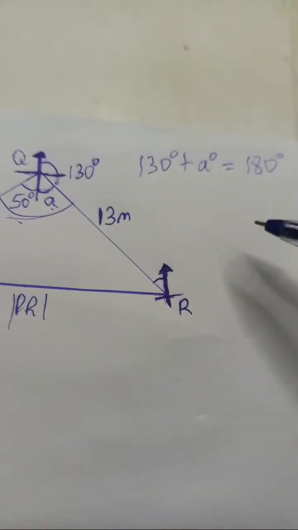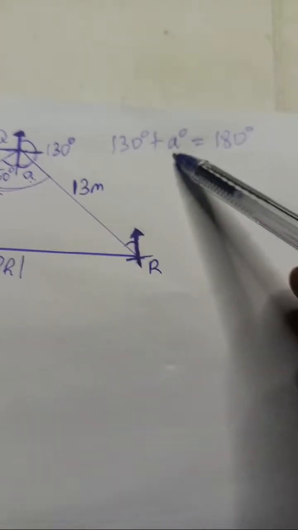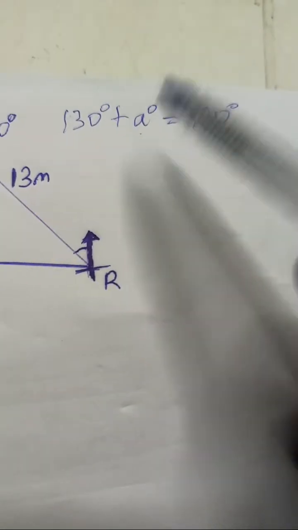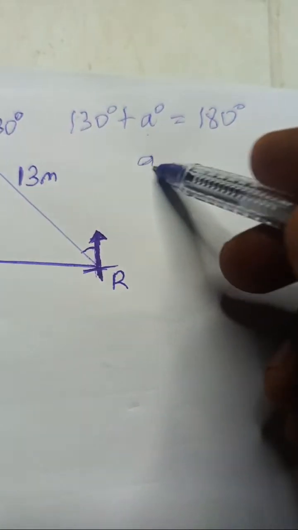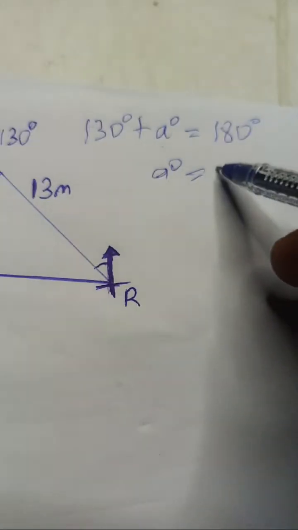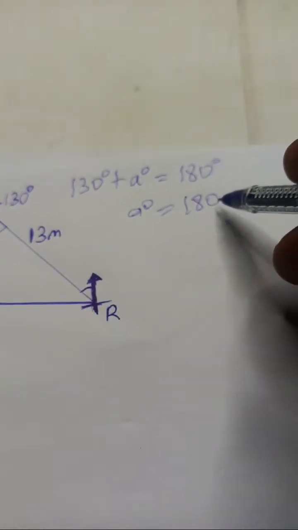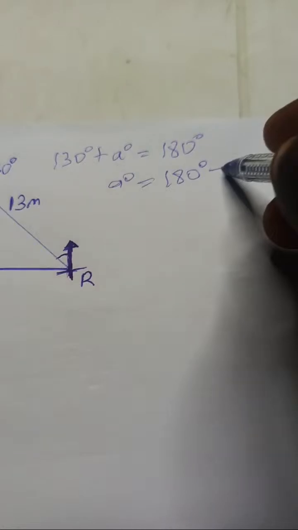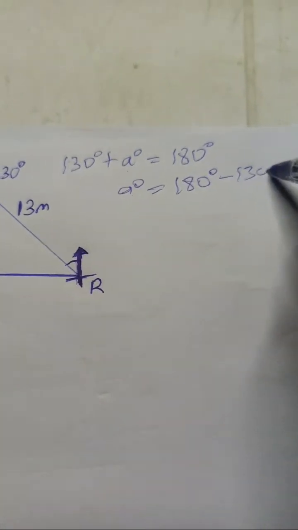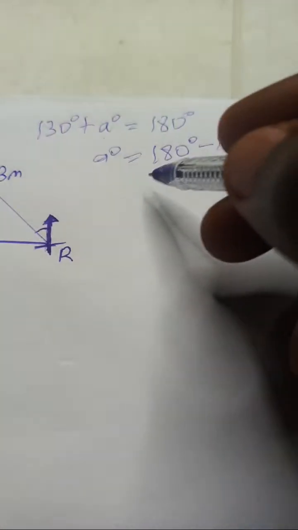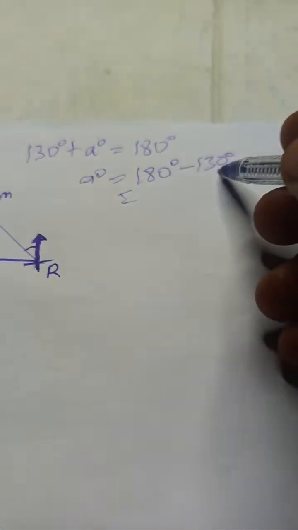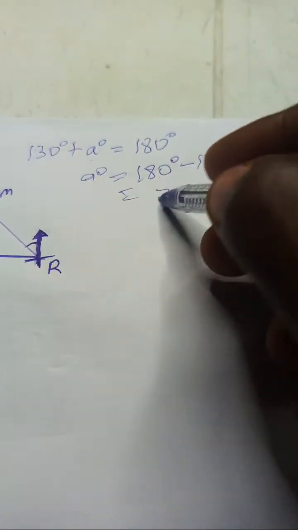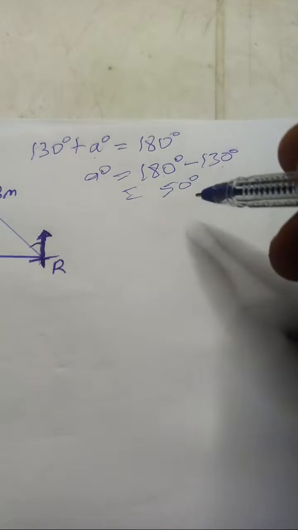For it to be equal to 180, what are we doing now to get A? We say A is equal to 180 minus 130 degrees, that will be 50 degrees.